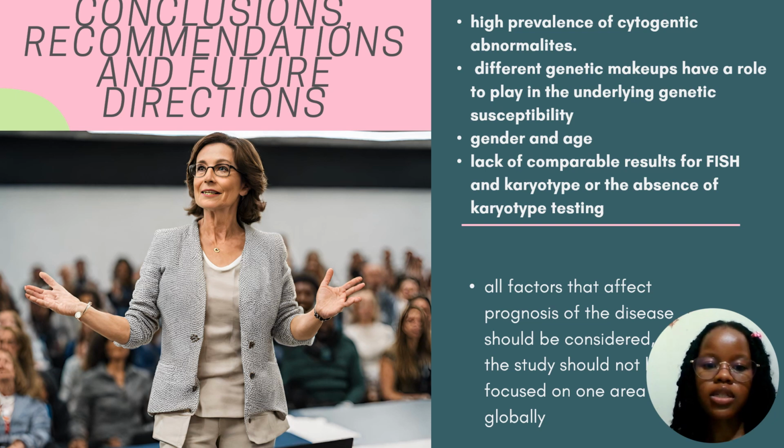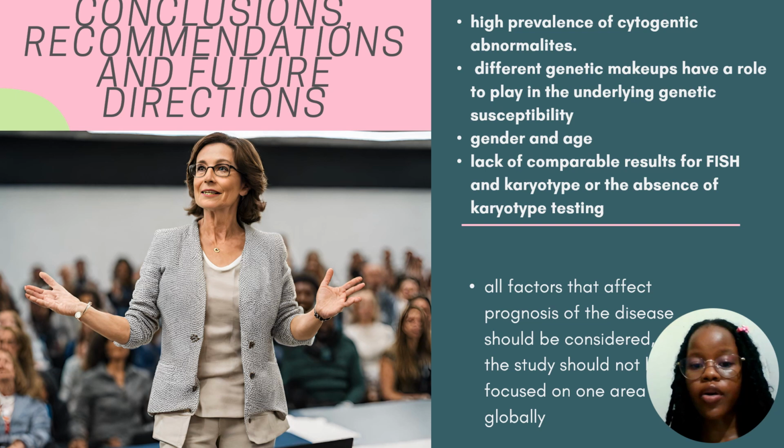Conclusions, recommendations, and future directions. In conclusion, there was a high prevalence of cytogenetic abnormalities in Pakistan, and there was more to the findings since different genetic makeups have a role to play in the underlying genetic susceptibility, and gender and age played a role in the findings of the study.